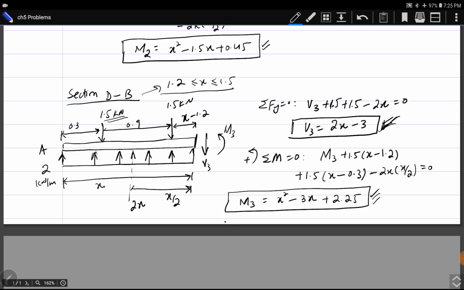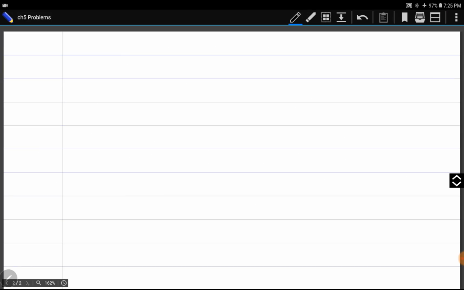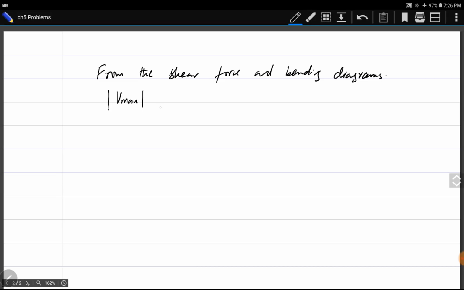So here we can write from the shear force and bending moment diagrams, V maximum is equal to 0.9 kilonewtons or 900 newtons.